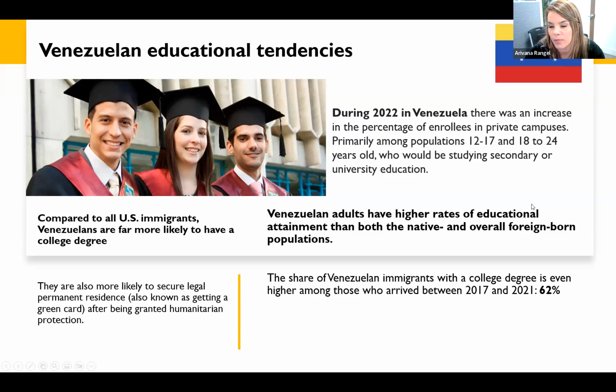This is primarily among populations between 12 to 17 and 18 to 24 years old who will be studying secondary or university education. So the best education in our country, of course, is from private institutions, either high school or university. And they are also more likely to secure legal permanent resident status, also known as getting a green card, after being granted humanitarian status.